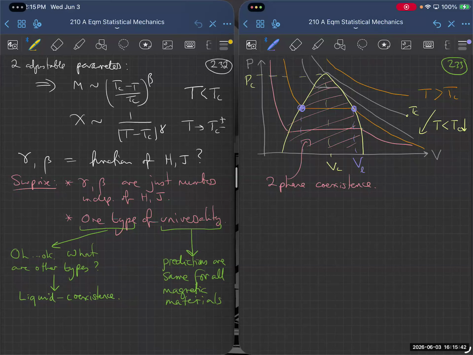Sorry, wrong way around. So this is the volume per particle. This phase here is the gas phase, and this phase here is the liquid phase. This is liquid gas coexistence.